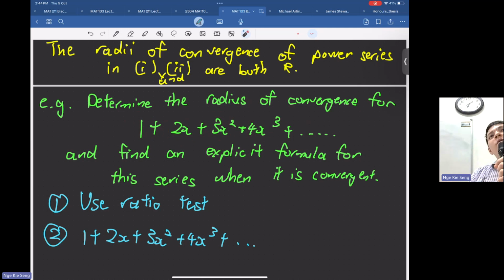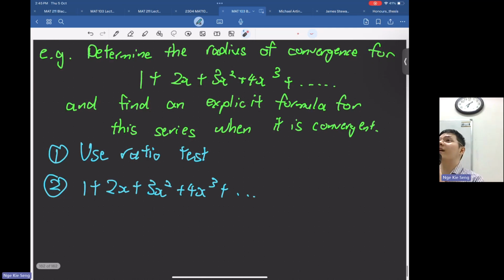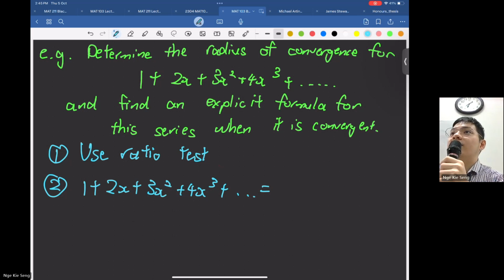So what's the operation that can make you off by 1? Differentiation?